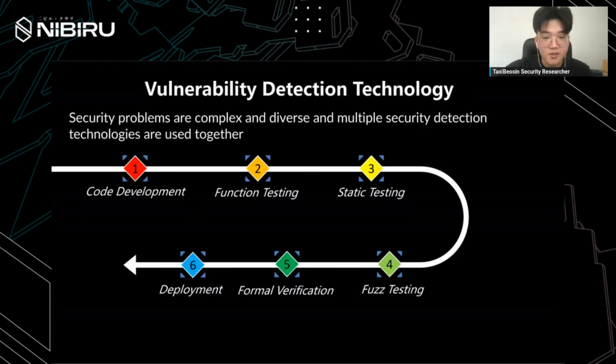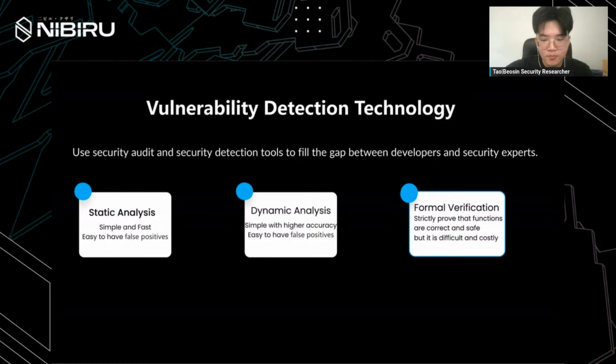Since you are the one who understands your business logic best, you can develop your own fuzzer and also formal verification tool to secure your smart contract. You can use the security audit and security detection tools to fill the gap between the developers and the auditors.